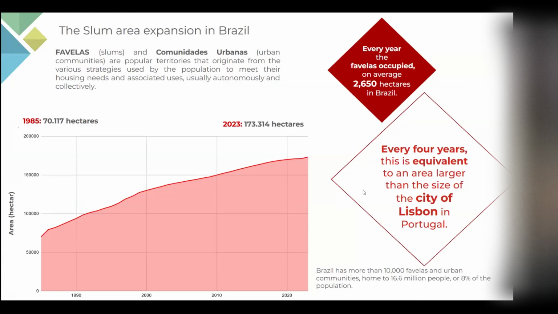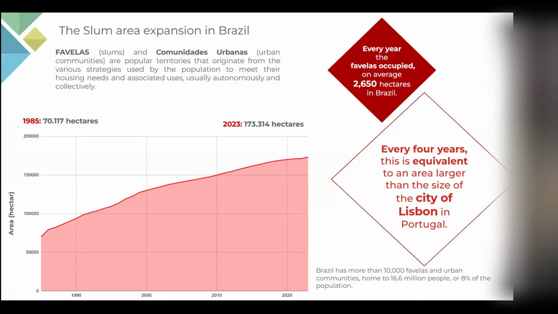In Brazil, especially, the pace of growth of slums is higher than the pace of growth of the general urbanized area. Basically, what I can tell you is that for every 4 years, a slum area equivalent to the city of Lisbon in Portugal appears in Brazil over the last 4 decades, which is a huge area.